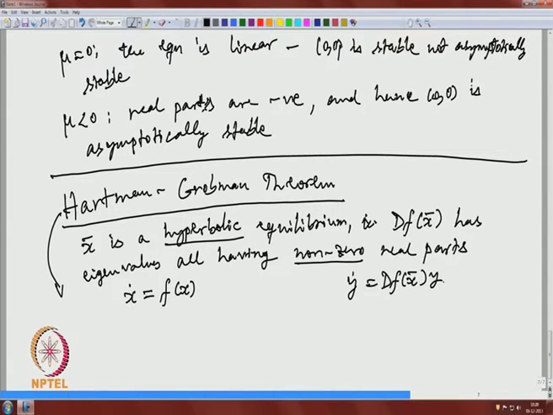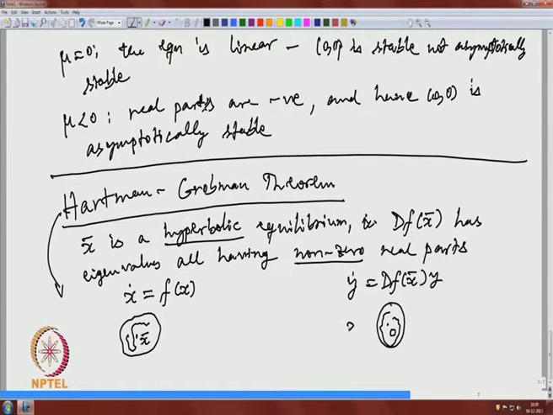You take the orbits around x bar of the nonlinear system, and the orbits around 0 of the linear system, and compare these two.